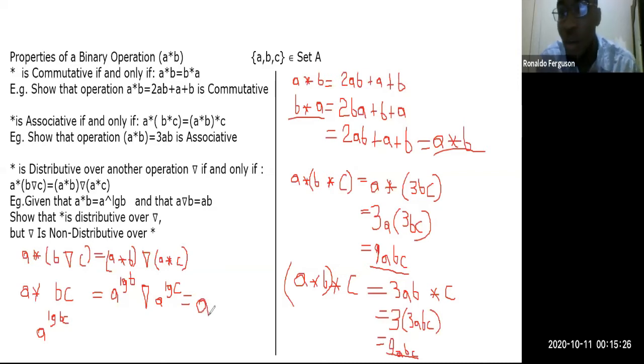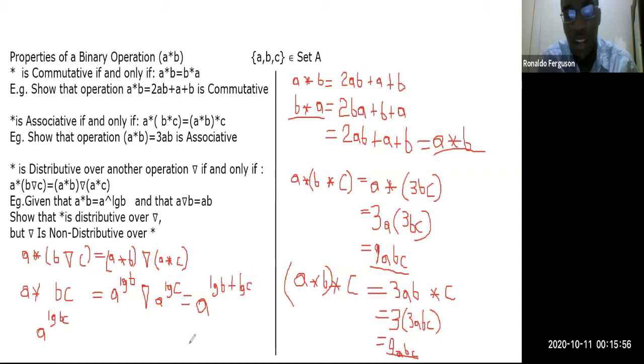But now when you're multiplying two numbers where the bases are the same, you add the powers. This is laws of indices. This is from CSEC. So we add the powers. So we have log B plus log C. But what is the rule of logarithm?